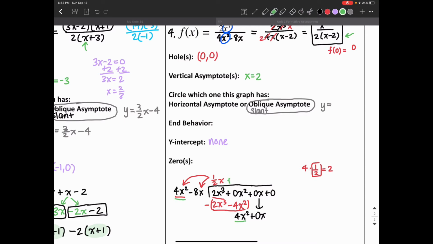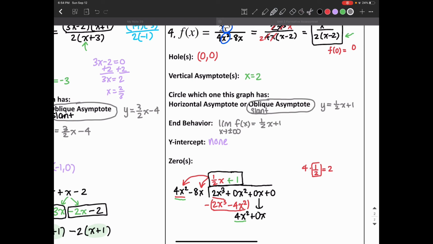I don't need to do anything else. That's a line now. So y is equal to 1/2 x plus 1 is my slant asymptote that defines my end behavior. The limit as x goes to positive and negative infinity of f of x is equal to 1/2 x plus 1. That describes my end behavior.